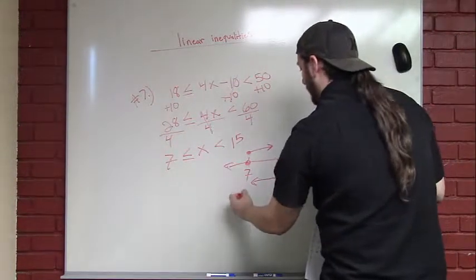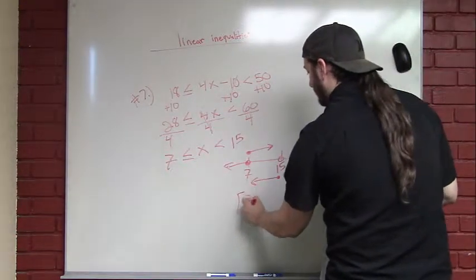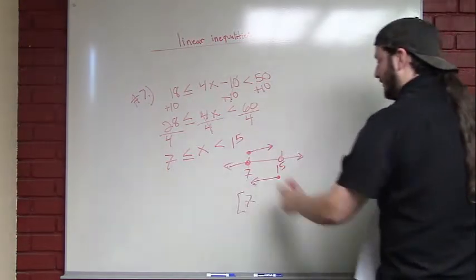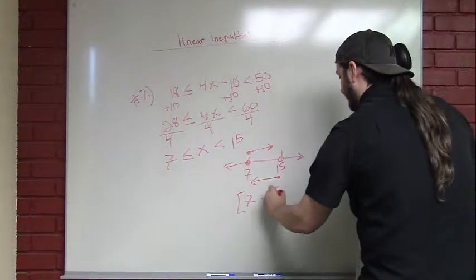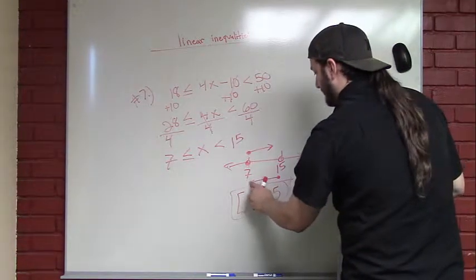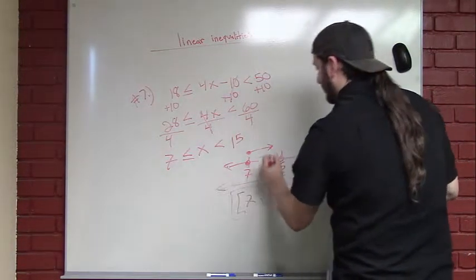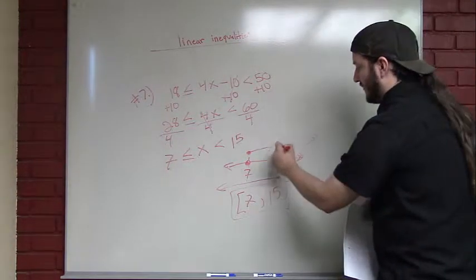Okay. So our interval notation is going to be 7 with a bracket because it's equal to, comma, over to 15. And 15 has a parenthesis. I'll just extend those all the way out. And it's just where they overlap.